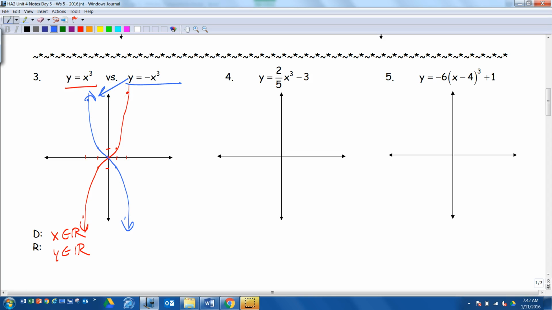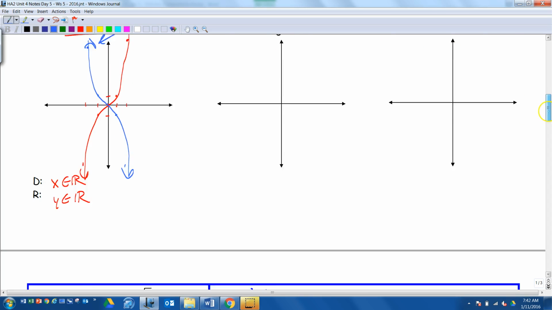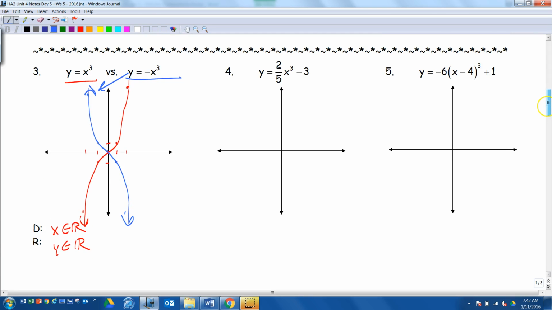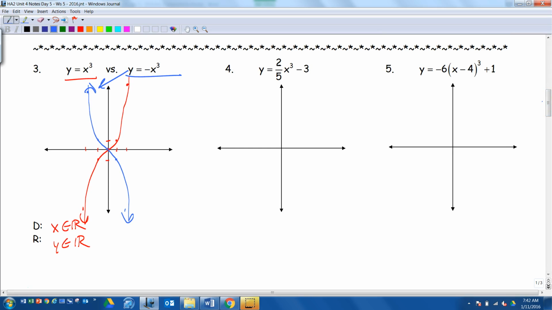Okay. Now, I'm going to do the same thing we just did from the quadratic and the absolute value, and we're going to do it with this. There's no change here, so that means the x-coordinate of the new vertex is 0, and the point is (0, -3). So I'm going to sketch the parent real fast. So that's my parent.